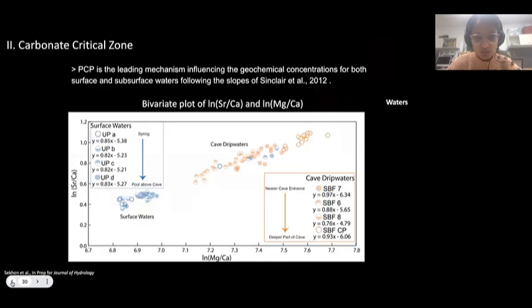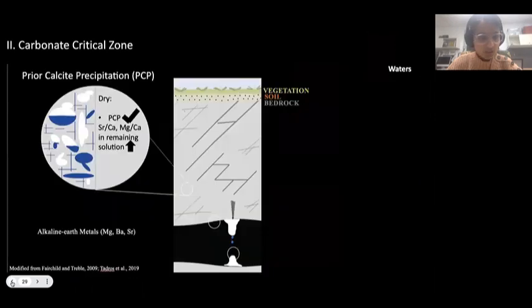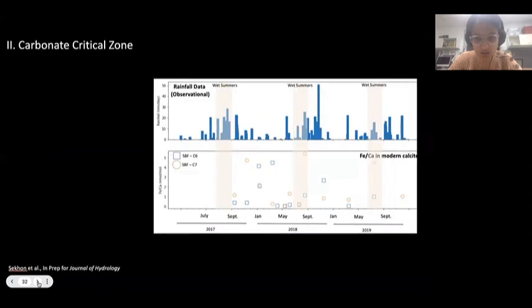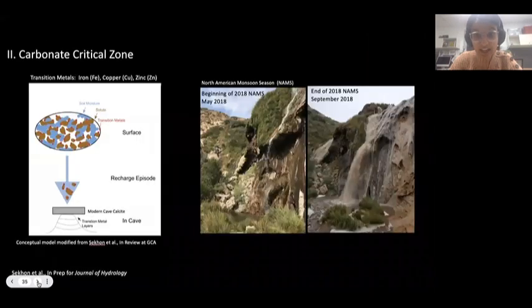The epikarst of this cave system is very shallow, and there are pools of water that sit above it, so it's almost always saturated unless the pools drastically decrease, which would then lead to a higher possibility of PCP in the epikarst.